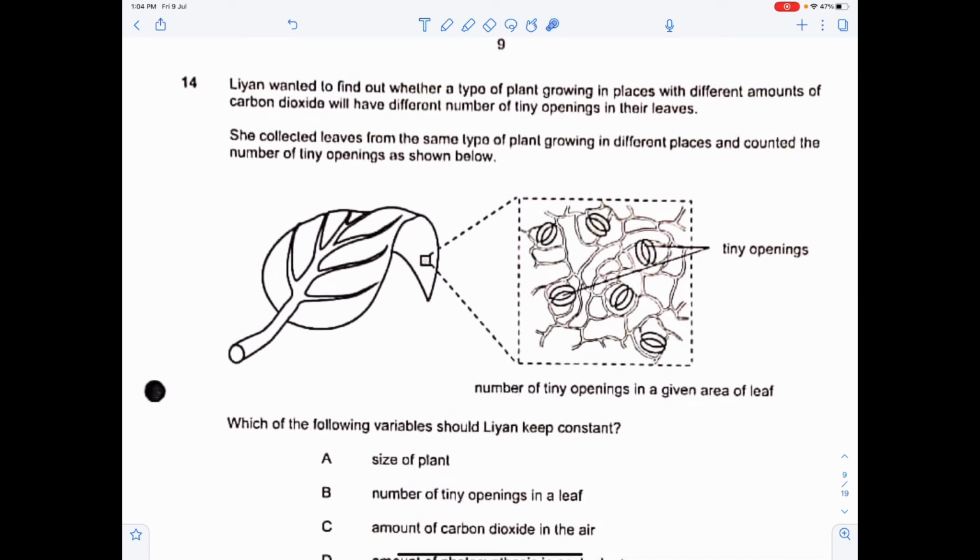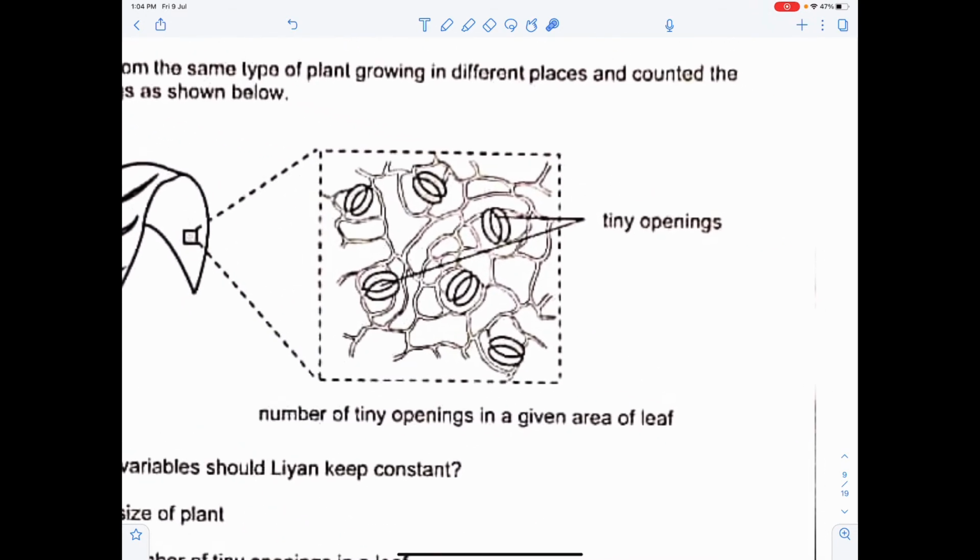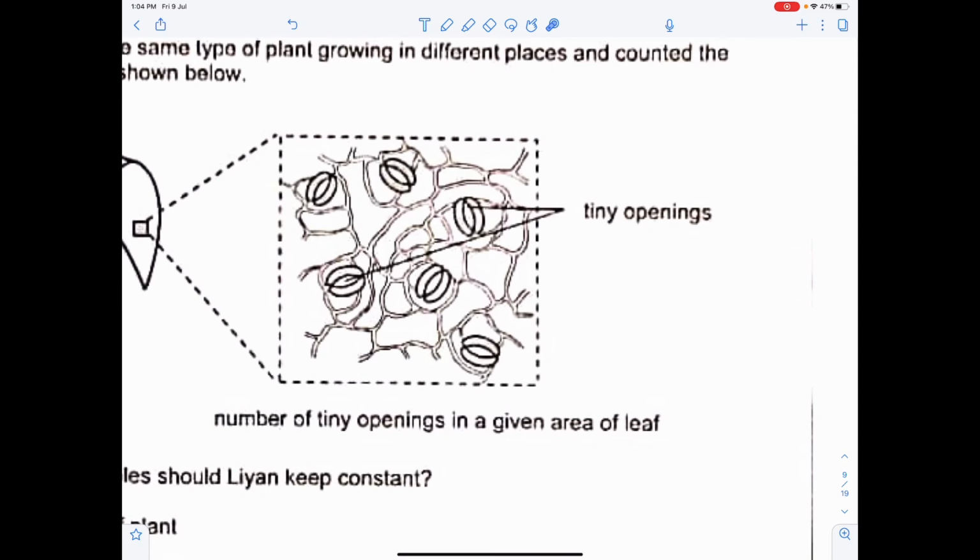Now, Liam wanted to find out whether a type of plant growing in places with different amounts of carbon dioxide will have different numbers of tiny openings in their leaves. So these tiny openings, right off the top, when I see this question, the first thing that comes to my mind is these few things. Firstly, these tiny openings are called your stomata, and they serve two primary functions.